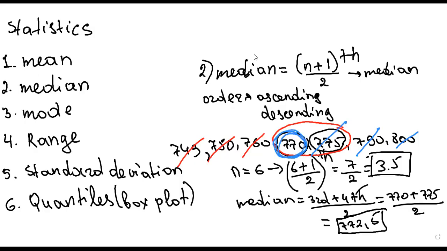Again, if I use our formula, we have 7 plus 1 divided by 2, which is 8 divided by 2. The fourth number will be our median, which is 1, 2, 3, 4. You can find it this way if you have an odd number of values.